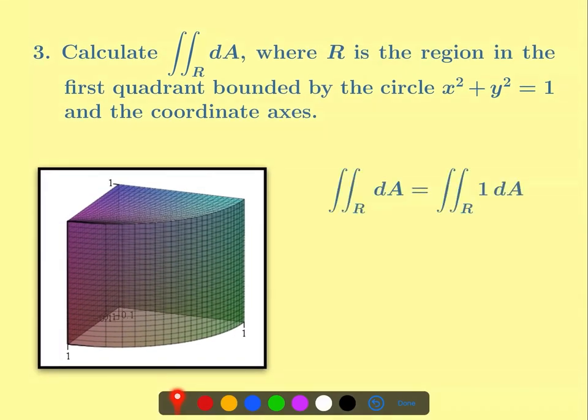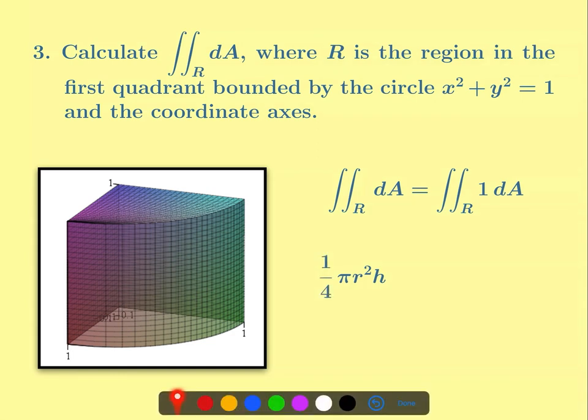So this will be the height of our solid, 1. This is z equals 1 on the top. And we have this quarter of a circle on the bottom. And so we have 1/4 of a cylinder. The volume of a cylinder is pi r squared h. So the h is going to be 1, and the radius is 1.